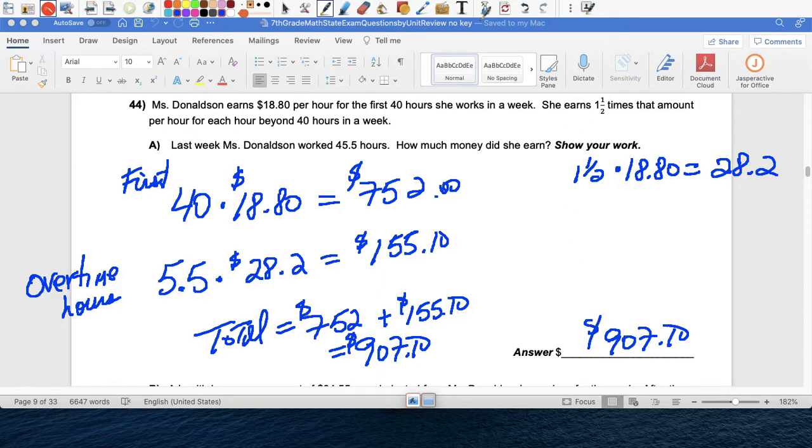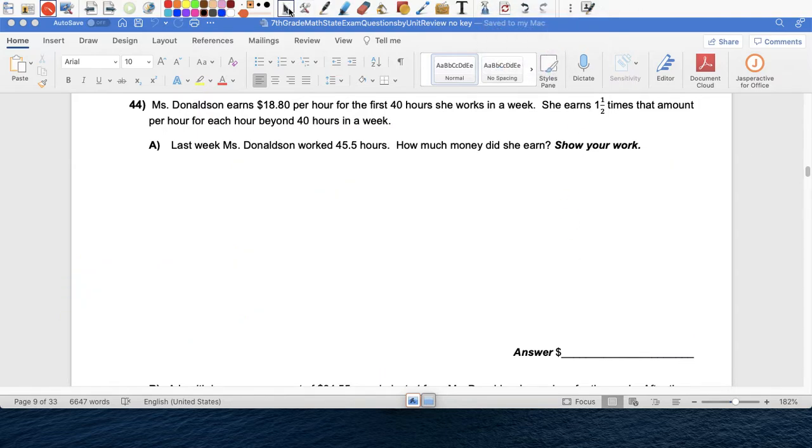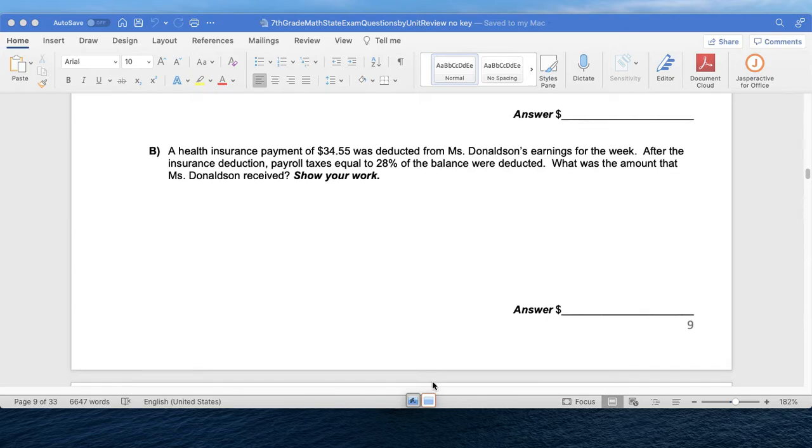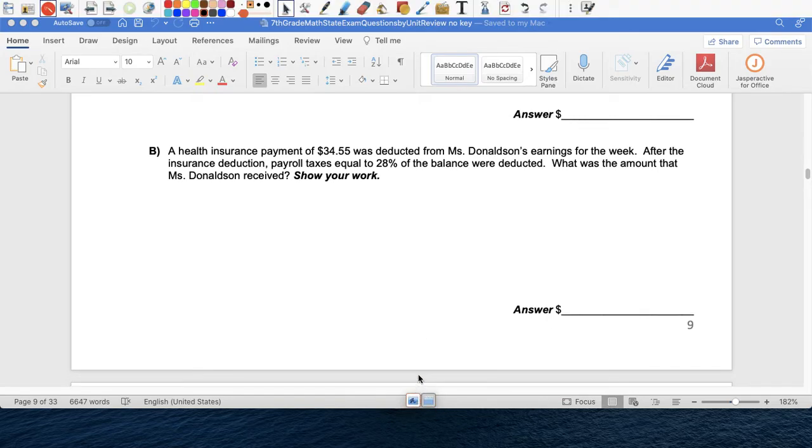Okay, 45. Health insurance payment was deducted; after the insurance deduction, payroll taxes equal 28. What was the balance? What was the amount that she received? Wait, are we talking about the same person? Sorry. Okay, I see. So we're using the answer for question A, and let me just get the answer back.